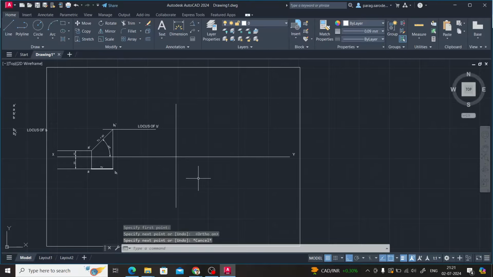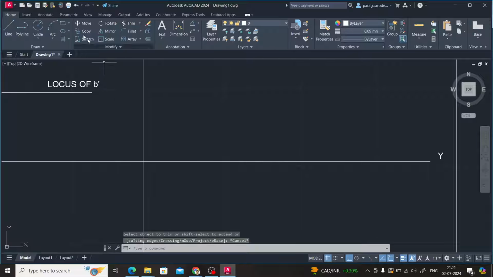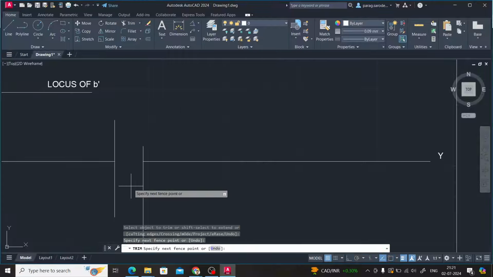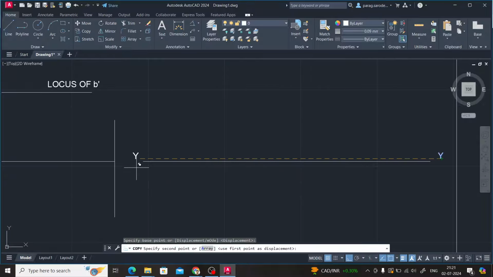Okay. Now I will show you another method of how we can proceed. Suppose we take any line like this as reference. This is 10 mm above. Suppose this is our xy line, just for reference.